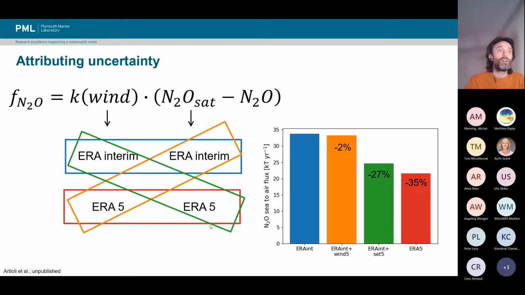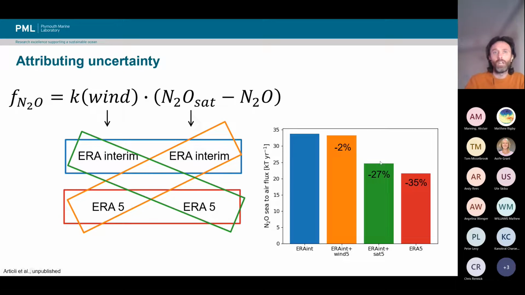But when we use the ERA 5 saturation and the ERA interim wind, we see the biggest drop, a drop of 27%. And this is again another proof that it is the difference in saturation projected by the two models that is driving the difference between the two estimates.